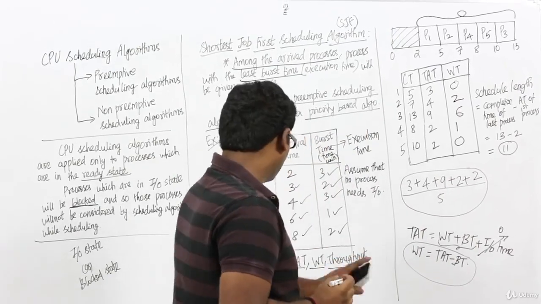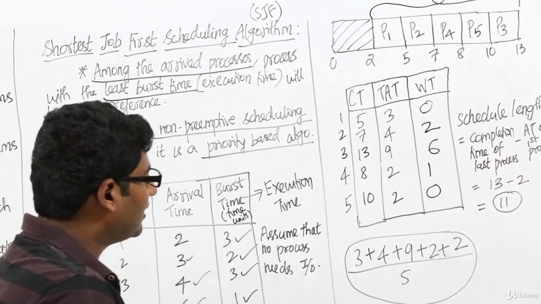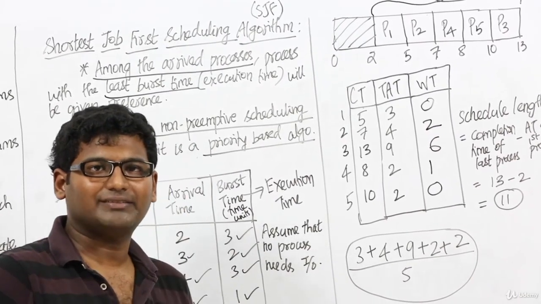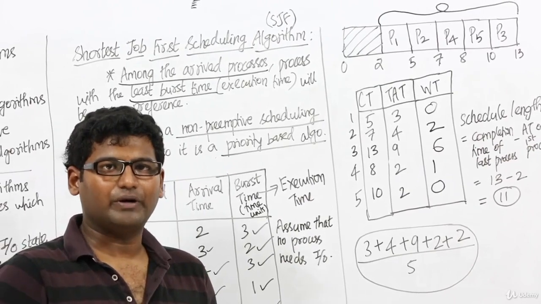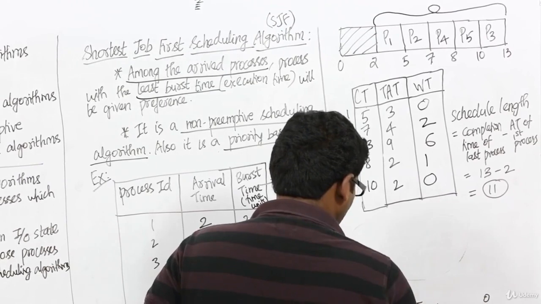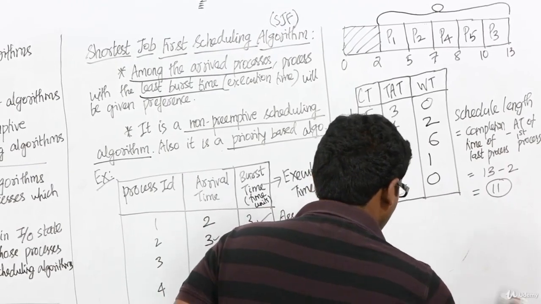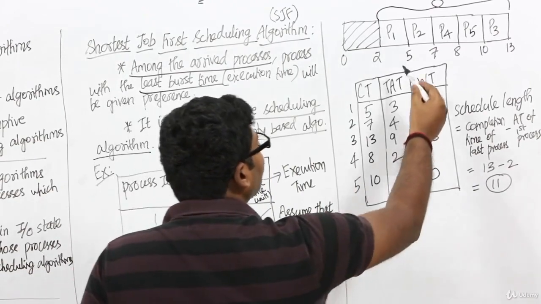Now let's compute one more thing, which is throughput. Throughput is the number of processes executed per unit time. How many processes have we executed here?